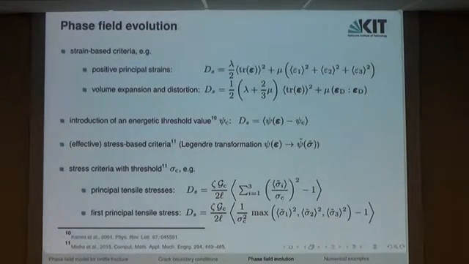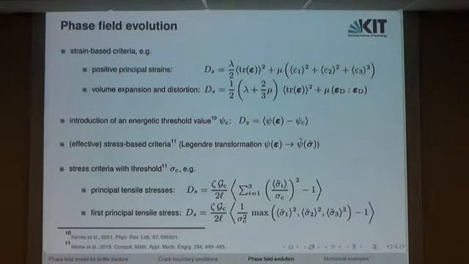In addition to an appropriate stress response, we need a constitutive assumption to model the phase field evolution, and here are some of the possibilities. We have strain-based criteria, for example, where only the positive principal strains are in this crack driving energy term.